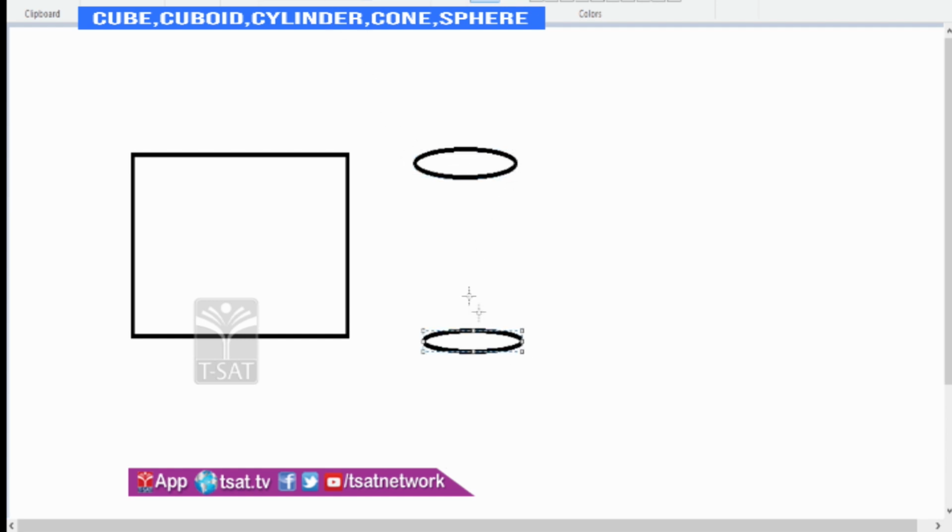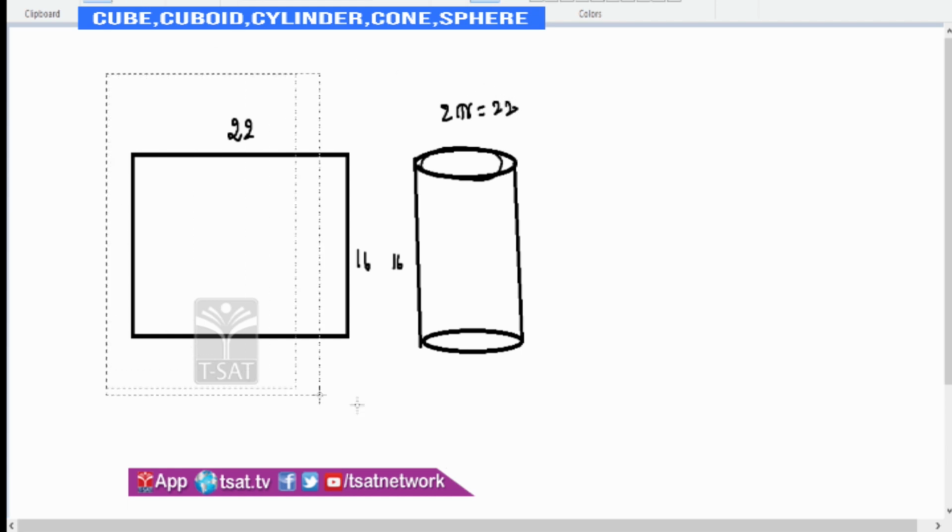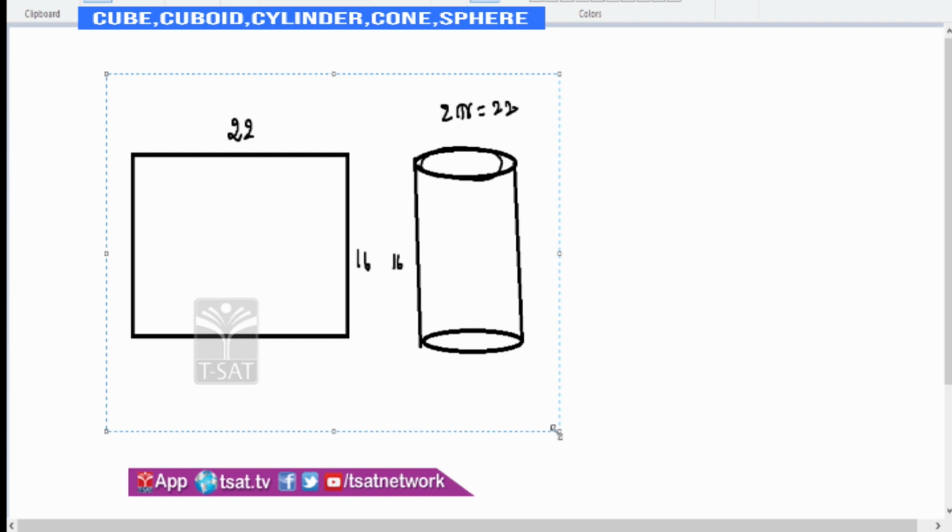Cylinder height is the same as the height of this sheet, but the length is 22, this is 16, so this remains 16. So you can say this 2 pi r becomes 22. So he is indirectly telling you that the perimeter of the base is 22. Find out the volume of the cylinder.